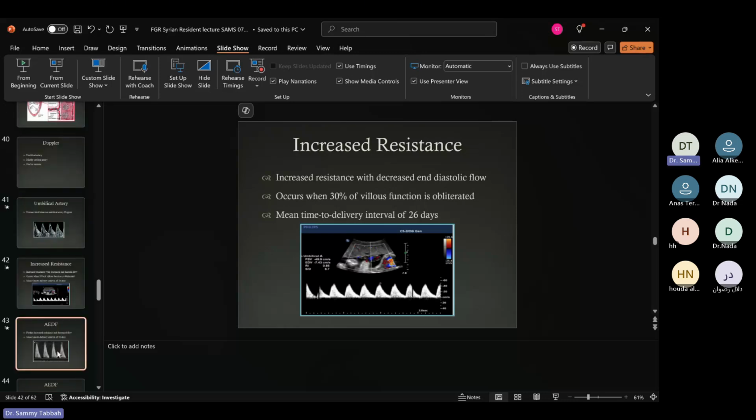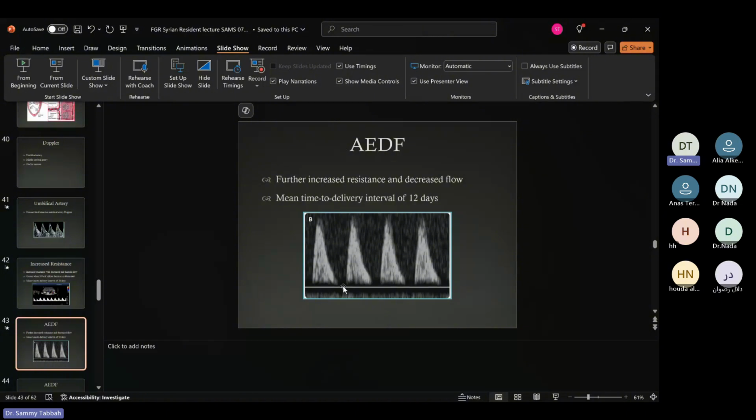The next example is when you have absent flow in diastole. You see these big gaps in flow in between beats. That's because there's so much resistance that when the fetal heart cycle is in diastole, blood temporarily stops flowing from the fetus to the placenta.